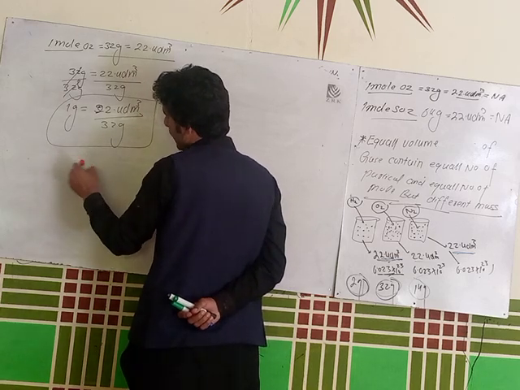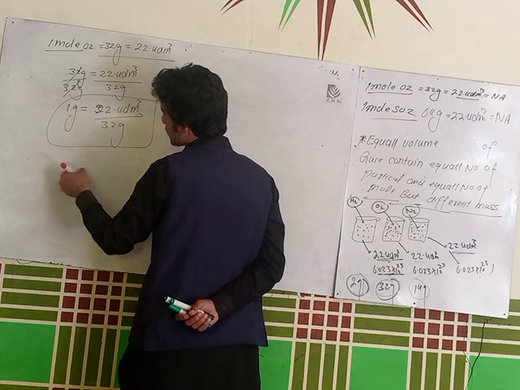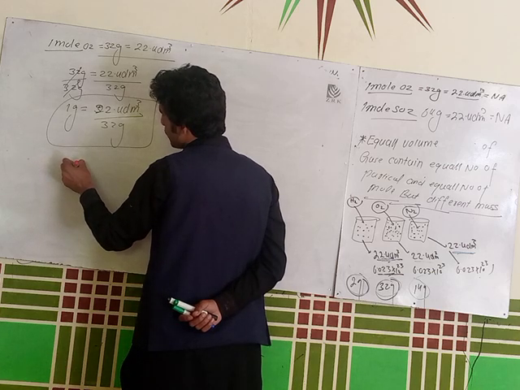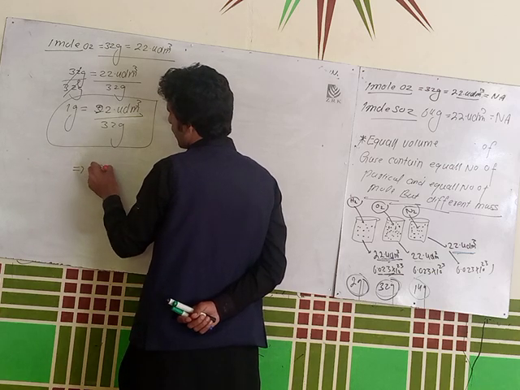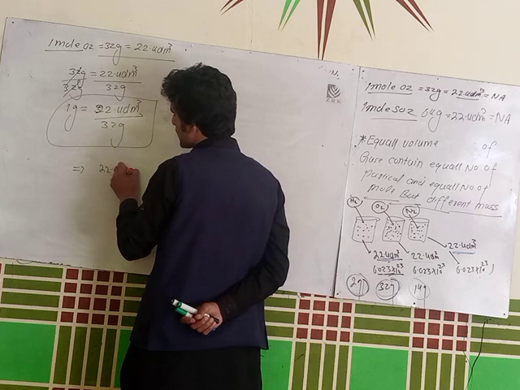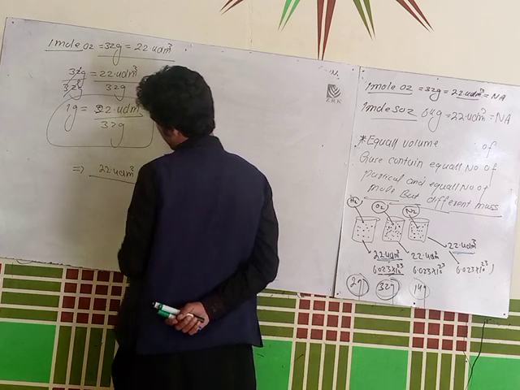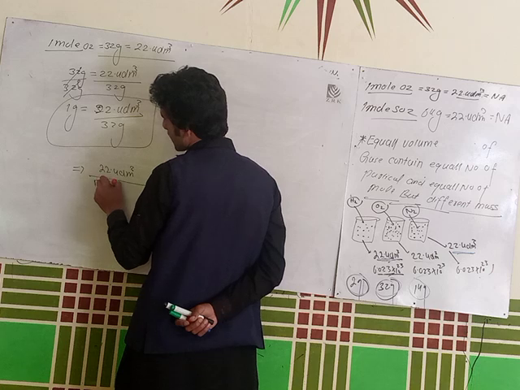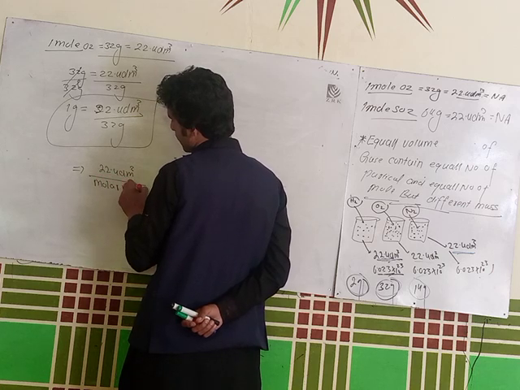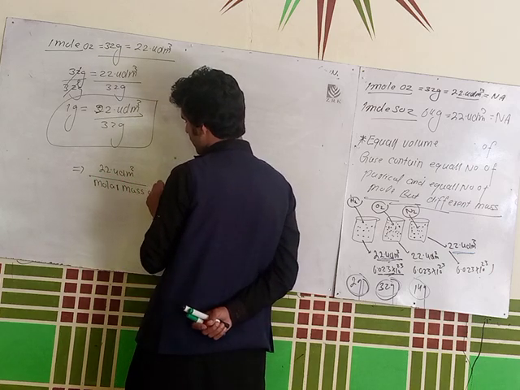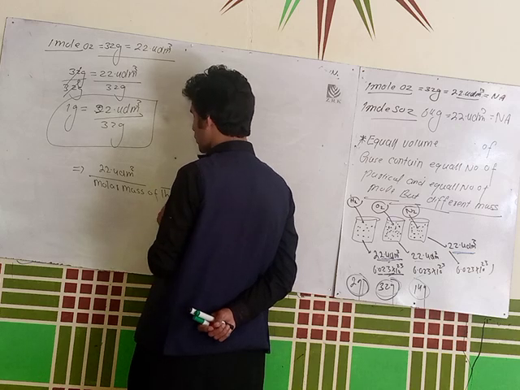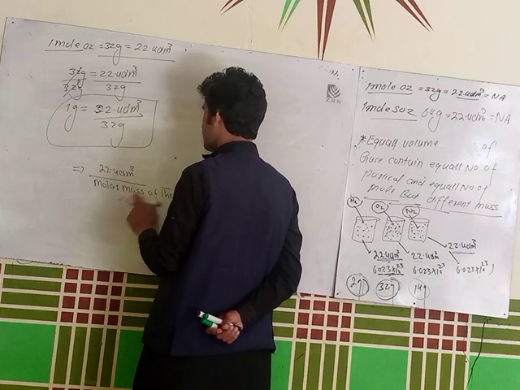If the demand is to calculate the volume per gram, the formula used is: volume 22.4 decimeter cube divided by the molar mass of that gas. For whichever gas you want to calculate, that gas's molar mass should be put here.